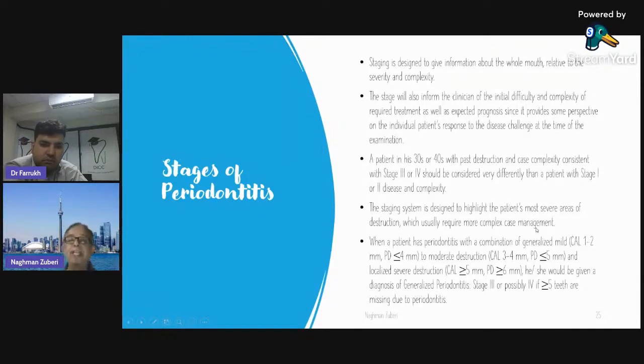When a patient has periodontitis with a combination of generalized mild clinical attachment loss of 1 to 2 millimeter and probing depth of up to 4 millimeter, to moderate destruction of clinical attachment loss of 3 to 4 millimeter with a probing depth of up to 5 millimeter, and localized severe destruction of clinical attachment loss of 5 millimeter or more, or with probing depth of 6 millimeter or more, he or she should be given a diagnosis of generalized periodontitis stage 3, or possibly 4 if more than 5 teeth are missing due to periodontitis.